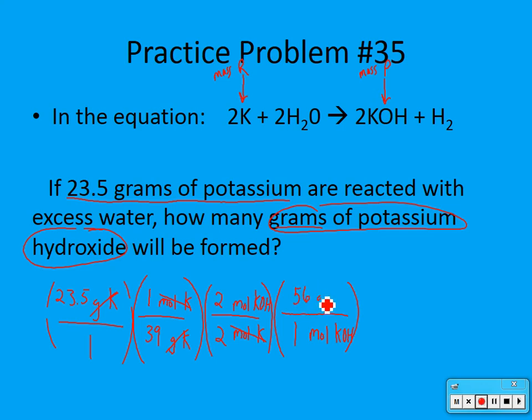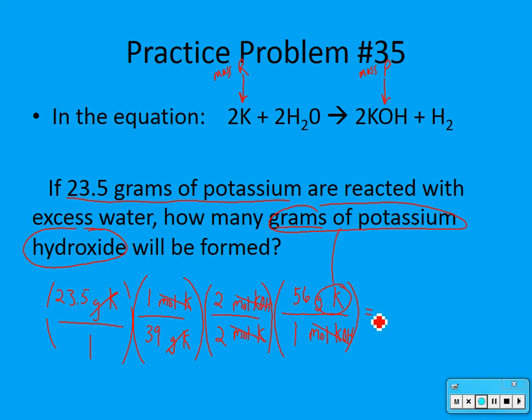Let me make sure I did that. I'm going to do that again. So 39 plus 16 plus 1 is 56. Okay. So now my moles of potassium hydroxide cancel out. I'm at grams of potassium hydroxide, which is what it wanted, so I can stop.